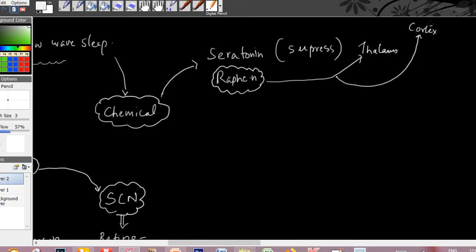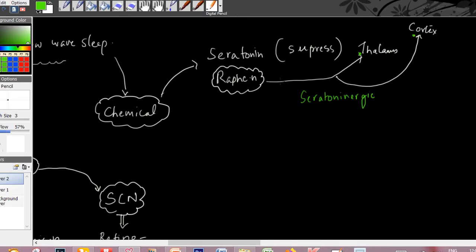These projections which I have drawn in white are serotonergic. That means the nerve endings here are going to release serotonin.